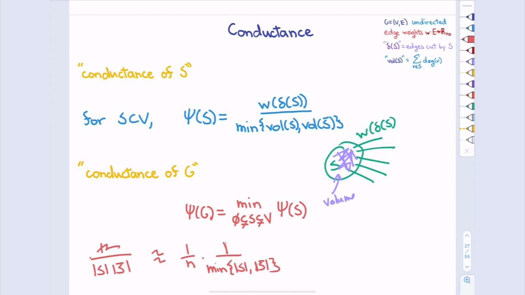Because whatever is the bigger one, I know it's at most n, and it's at least n over 2. So we know the value up to a factor of 2, and we're going to be working with approximations anyway. So there's really no strong distinction between worrying about the min and the product. For some problems, one's slightly more convenient than the other, but one converts to the other and you only lose a factor of 2, so we won't make that distinction too much.